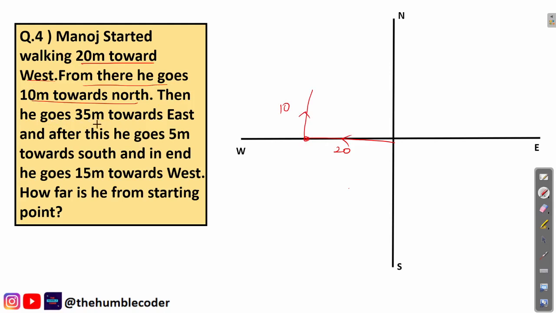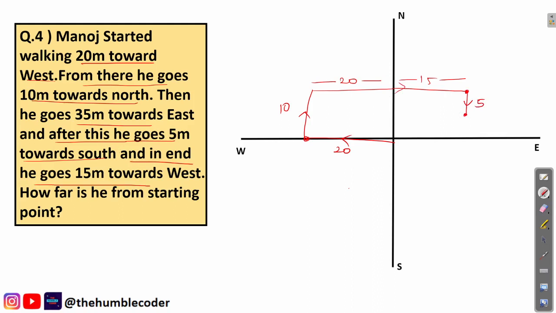Then he goes 35 meters towards east, which means 20 is this much, and 15 more he will go. So till here he is right now. After this he goes 5 meters towards south. So 5 meters towards south is this direction. So he is right now at this position.